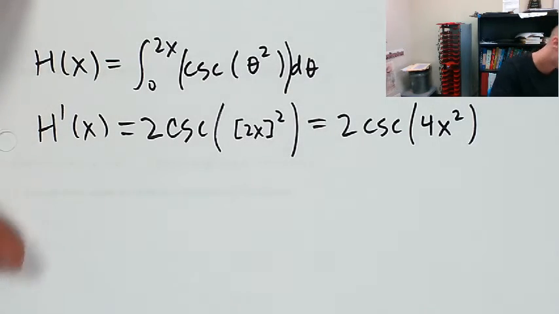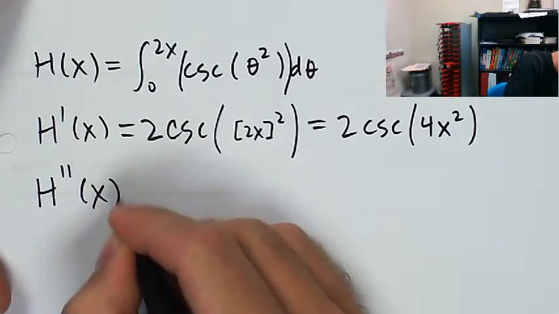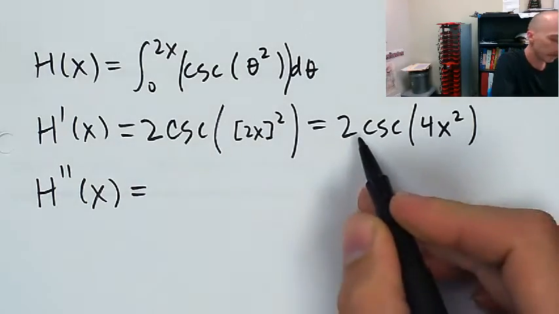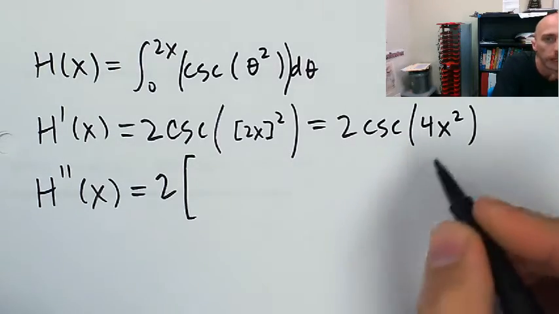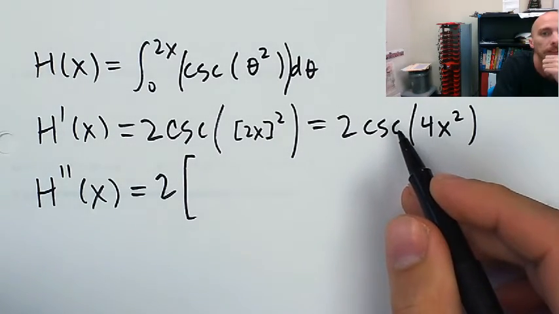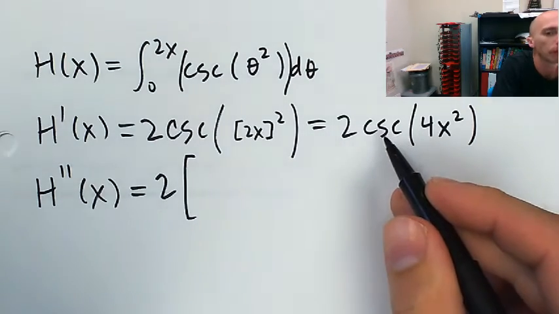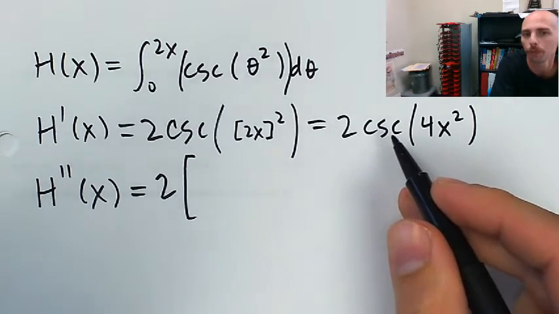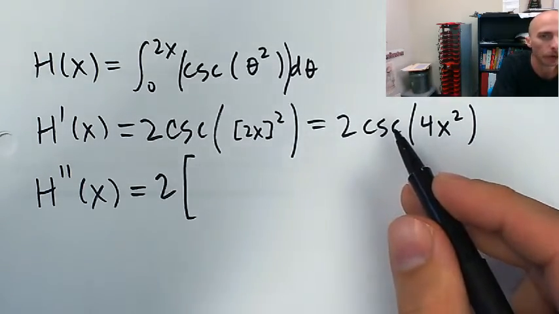Okay, and so I will have h double prime of x equaling the derivative of, well, I'm going to factor out the 2 and just hold on to it. Okay, because the derivative of secant x with respect to x is secant x tangent x. So that means that the derivative of cosecant u with respect to u is going to be negative cosecant u cotangent u.